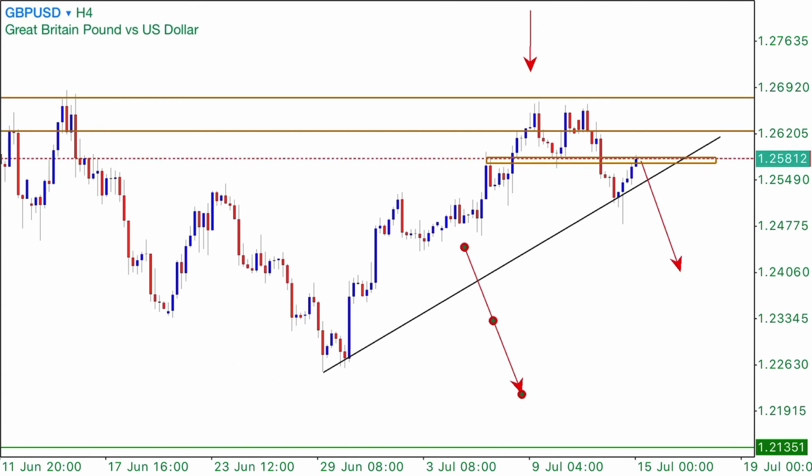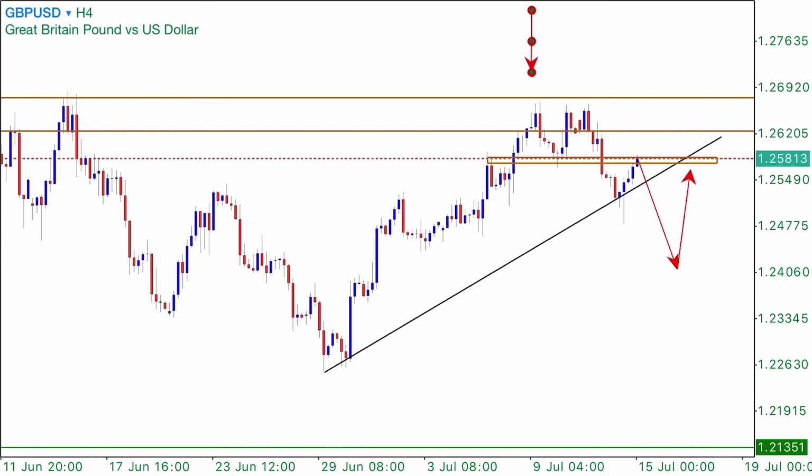So we can expect price to break this trend line, coming back to make a retest, and you have a move to the downside.